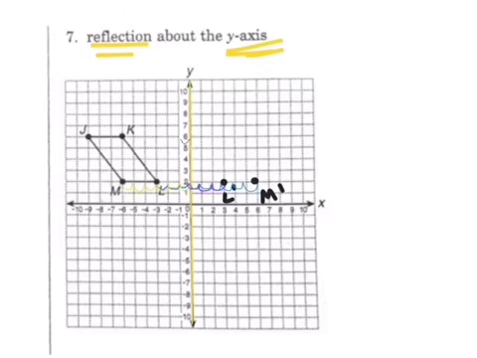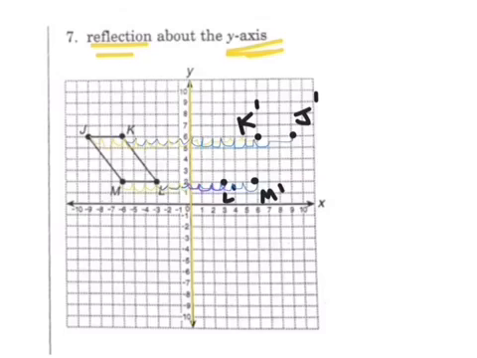K, 1, 2, 3, 4, 5, and 6. So reverse 1, 2, 3, 4, 5, and 6 right there. Label it K prime and finish it off with J. Okay, J is over 9. So reverse and go 9. 1, 2, 3, 8, 9.